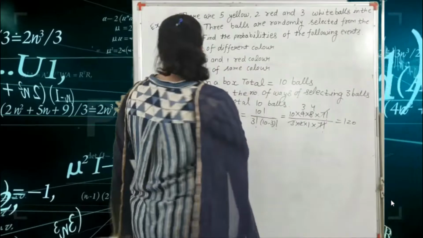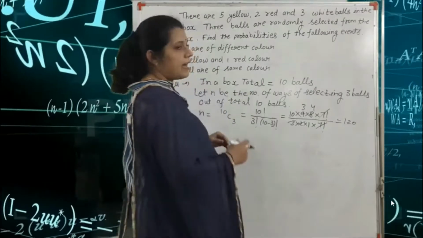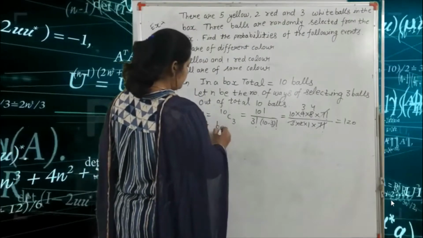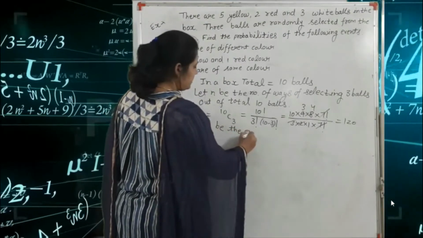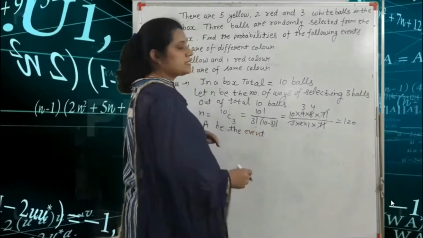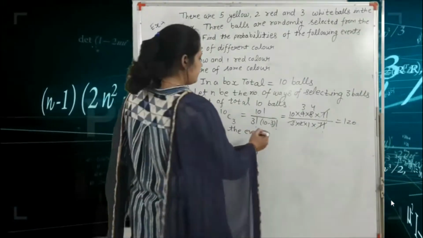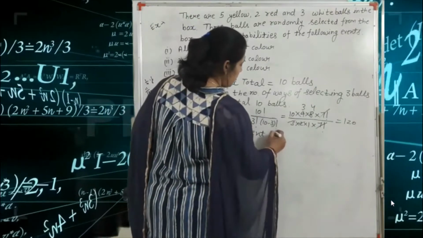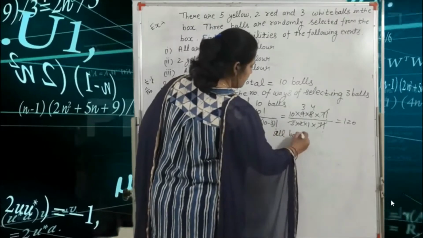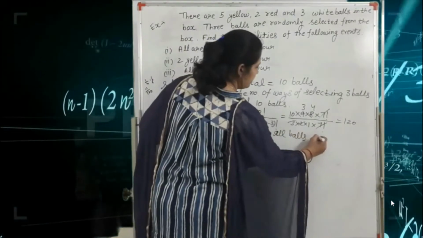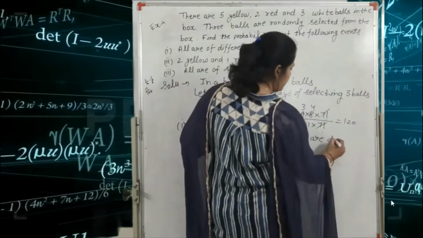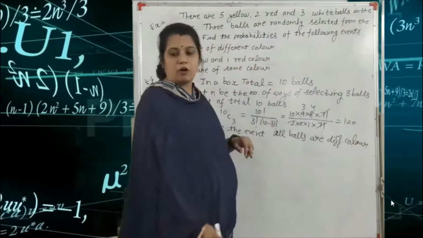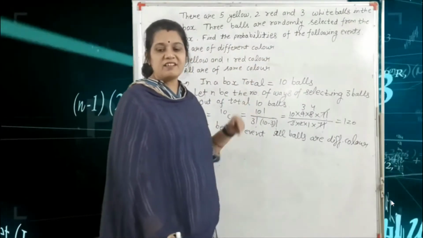So first we write number 1: let capital A be the event defined as follows, that means capital A is the event where all balls are of different color.